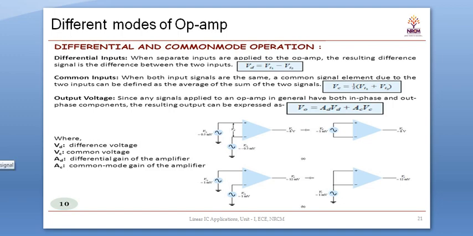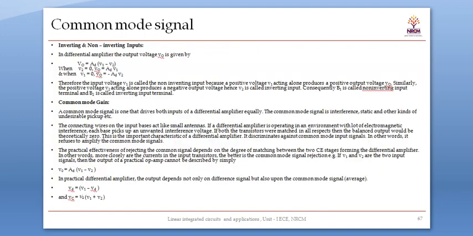The common mode signal is an interference or a static or other kind of undesirable pickup or noise. So these are the common mode signals: interference, static, and other kinds of undesirable pickup. This common mode signal is amplified by the amplifier, and some voltage is available even though your VID is 0.